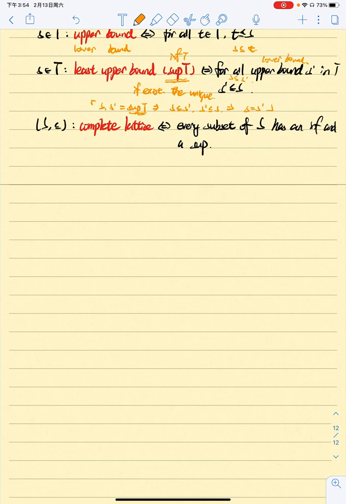And notice that the sup of T equals the inf of this set.